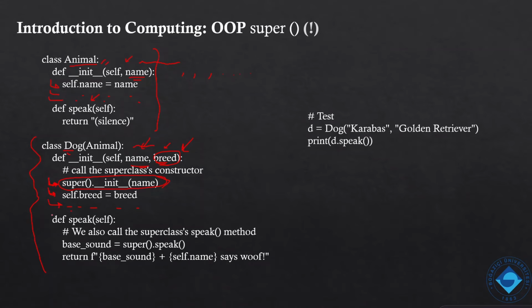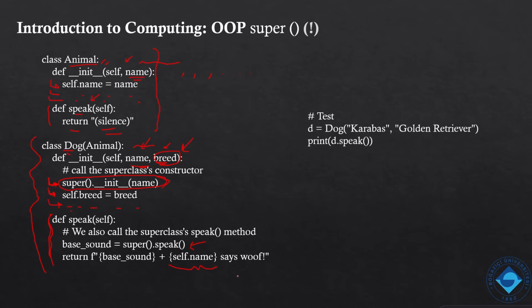Likewise, also in the function definition, if you can see here, speak under my superclass just returns silence, but speak under my subclass here will return the same result from the superclass, and plus it will write here the name.